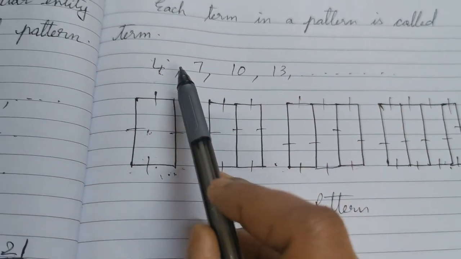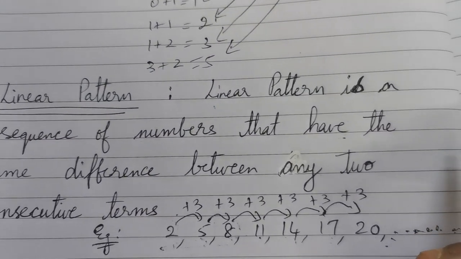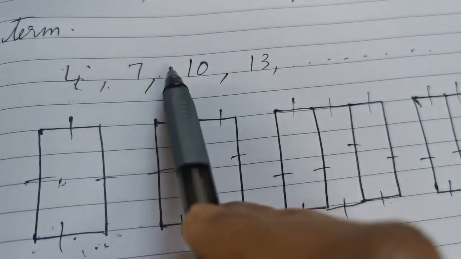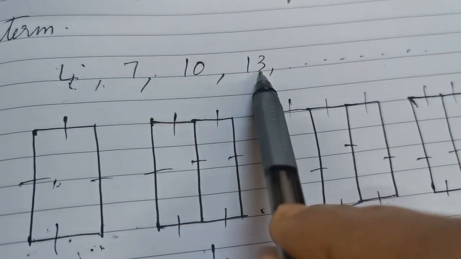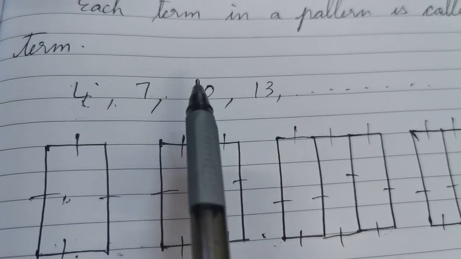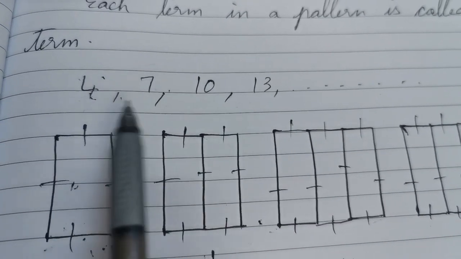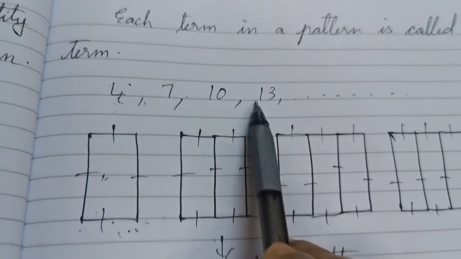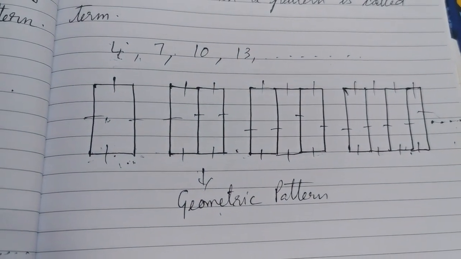So, linear pattern means a sequence of numbers that have the same difference between any two consecutive terms. 4 and 7 has 3 as the difference. 10 and 7 has 3 as the difference. 13 and 10 has 3 as the difference. So, any two consecutive terms you take, the difference should be the same throughout. That pattern is called a linear pattern. So this is the numerical representation of a linear pattern, and this is a geometrical representation of a linear pattern.